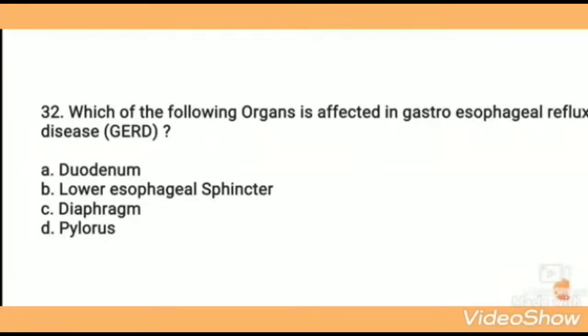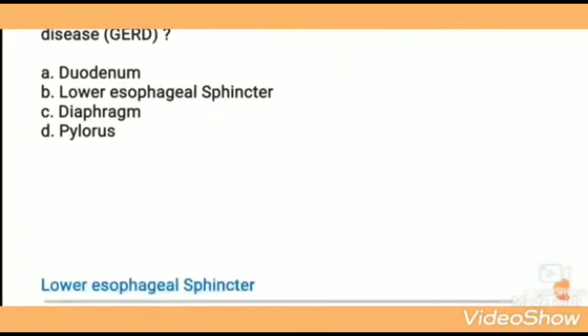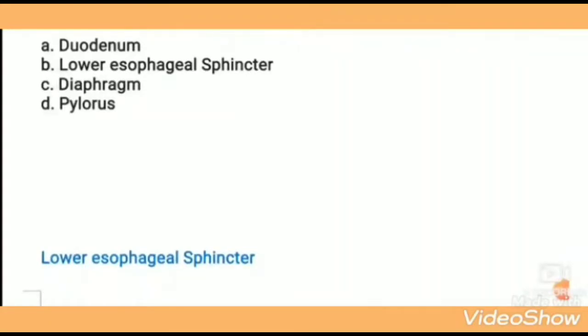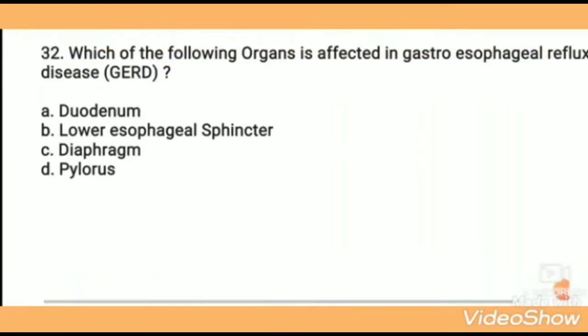So, the correct answer: the organ affected in GERD is the lower esophageal sphincter, because the lower esophageal sphincter relaxes to allow food and liquid to flow into your stomach. Then the sphincter closes again. But in GERD, the lower sphincter abnormally relaxes or weakens, so the acid flows back to the esophagus. Next question.